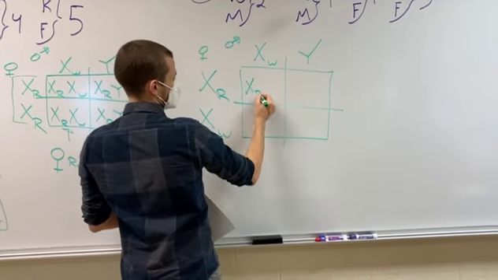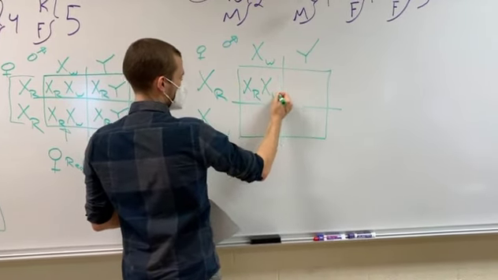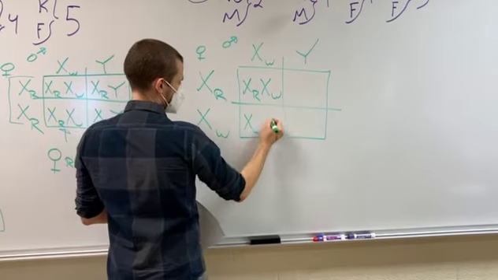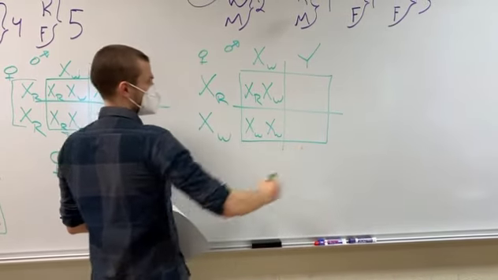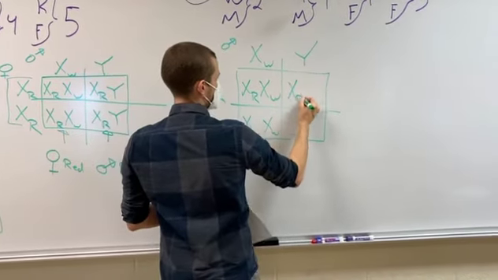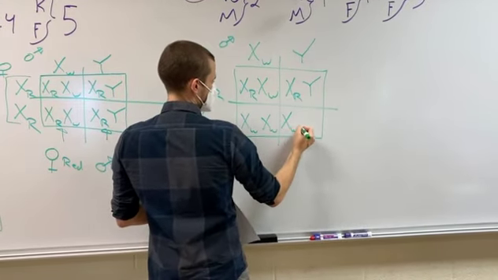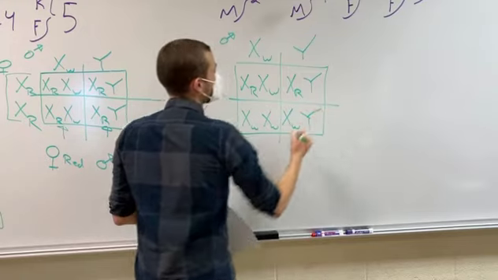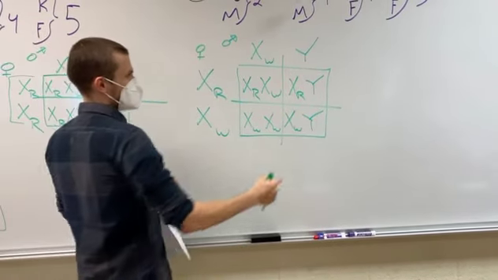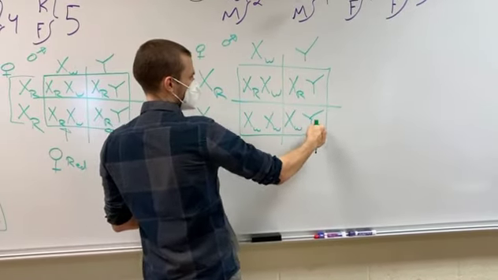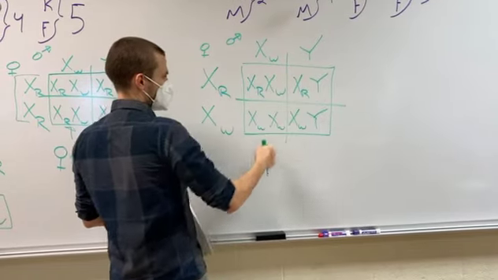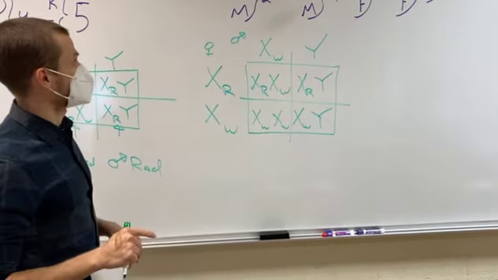We would make a XR, XW, XW, XW, XR, Y, XW, Y. That means we should see red males, white males, red females, white females.